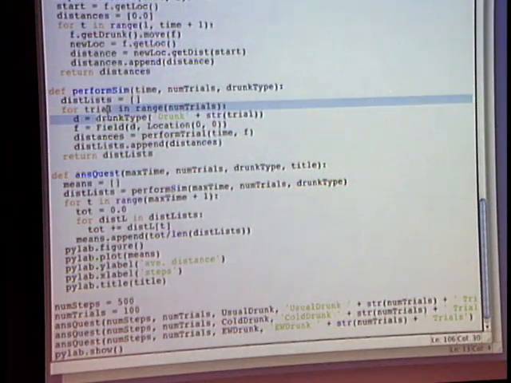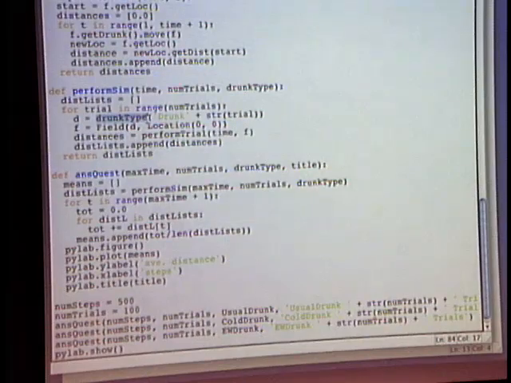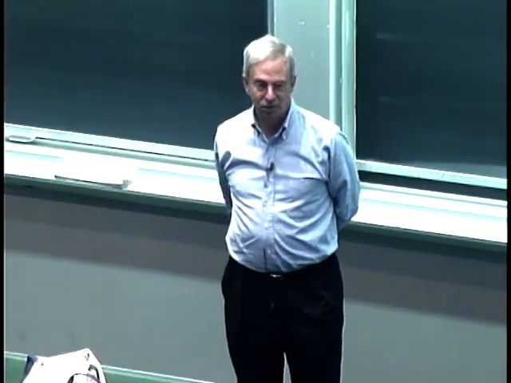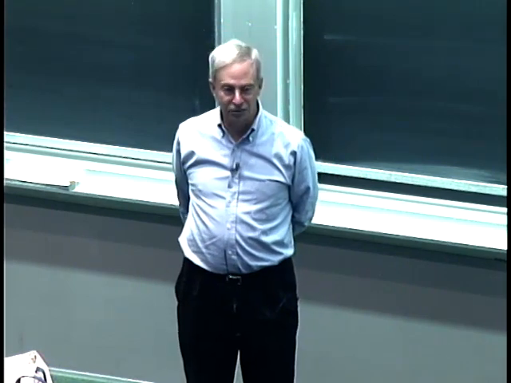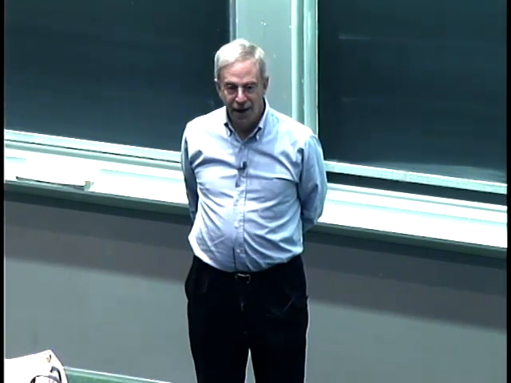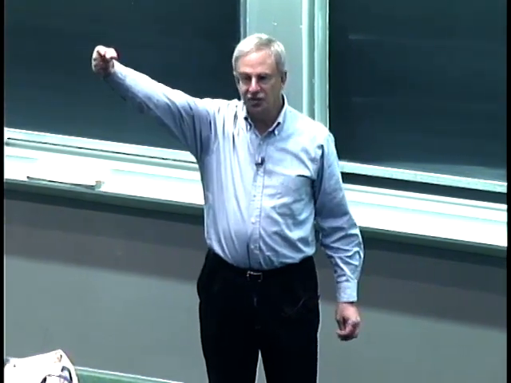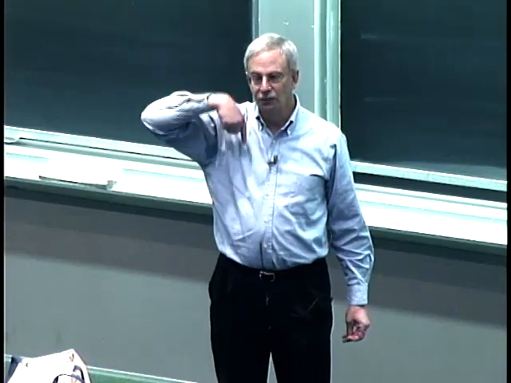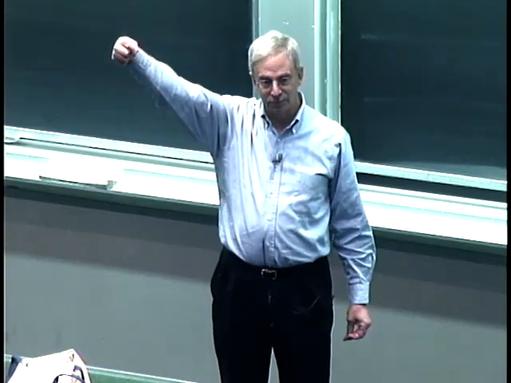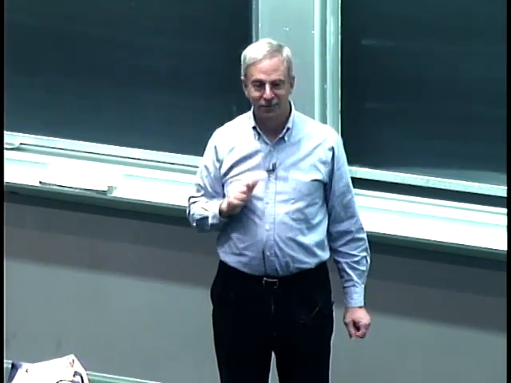So when I get up to here, think about it: it will take, depending on the variable drunk type, evaluate it. It will evaluate to a type, usual drunk, say, in the first call. And then it will, just as if I had written usual drunk, invoke the init method of drunk and create a new drunk.